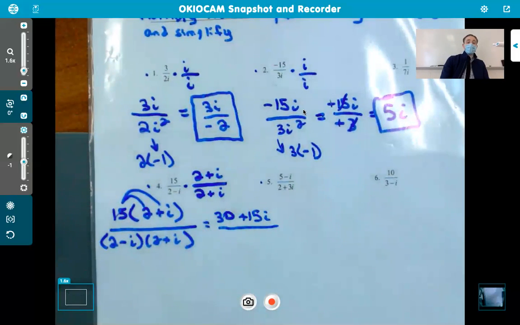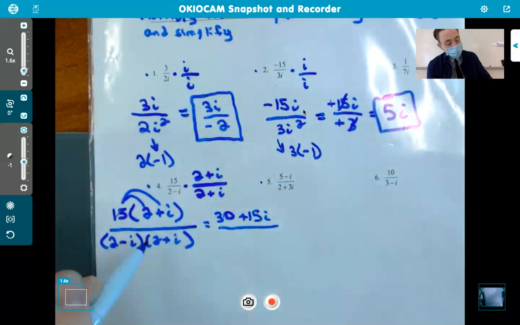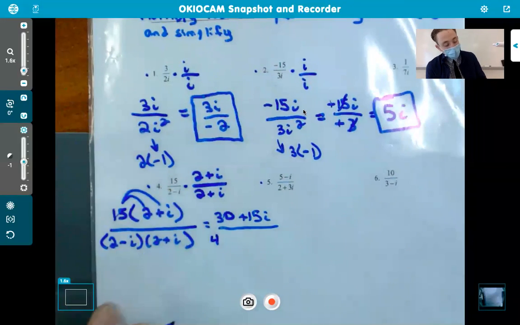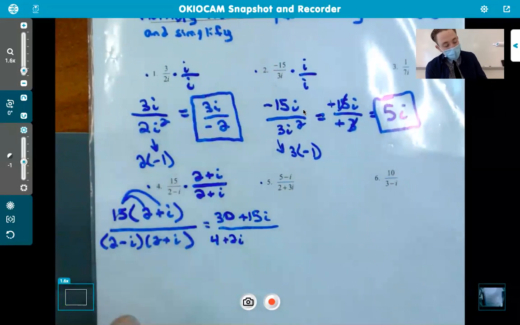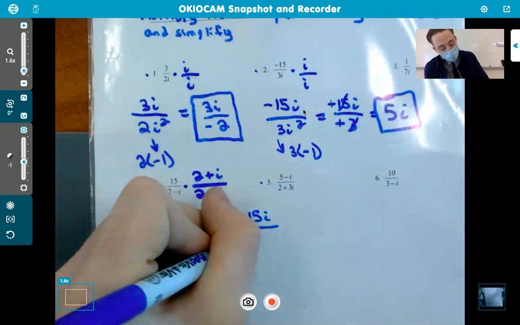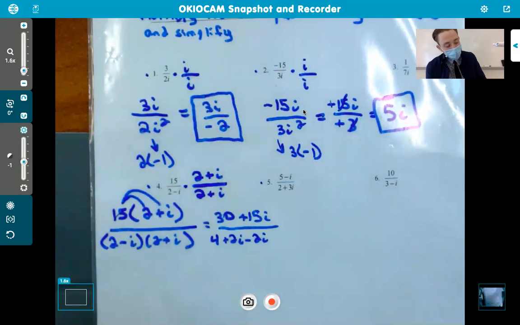In the denominator, I have a complex times a complex. That means I'm going to have to FOIL to simplify. Okay. So I'll do 2 times 2, that gives me 4. 2 times i gives me a positive 2i. 2 times negative i gives me a negative 2i.